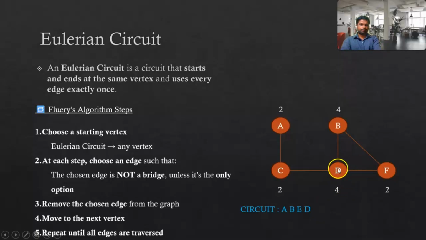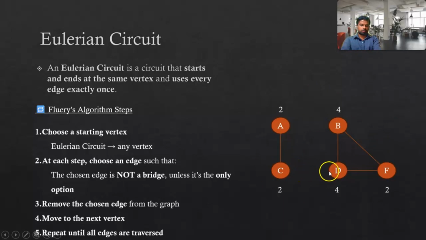Again from D, we can either go to C, to B, or to F. If we go to C and we delete this edge, we have two isolated graphs, which means this graph is no longer connected.